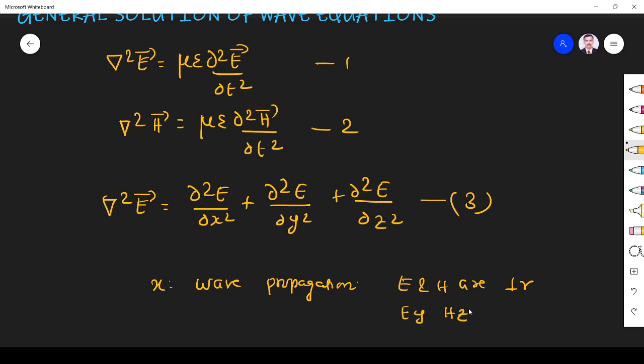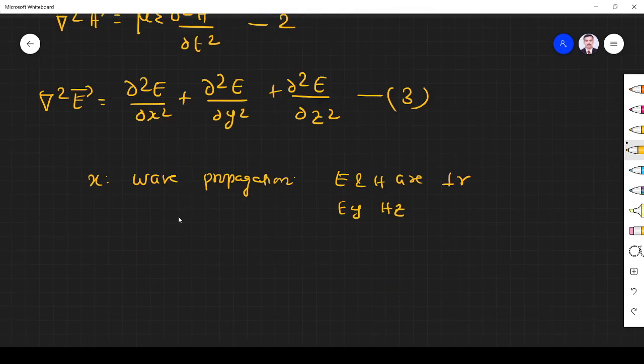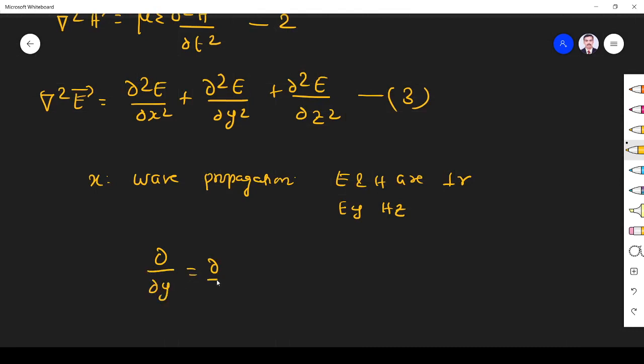This is the way we assume. So the wave propagates in the x direction. What happens? Dou by dou y is equal to dou by dou z is equal to 0, because the wave is propagating only in the x direction. So the variation along the y direction is 0, and similarly the variation along the z direction is 0.